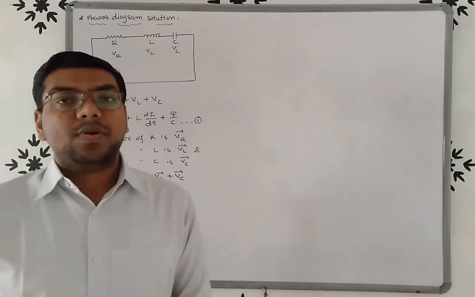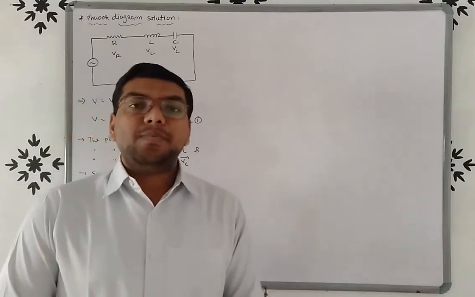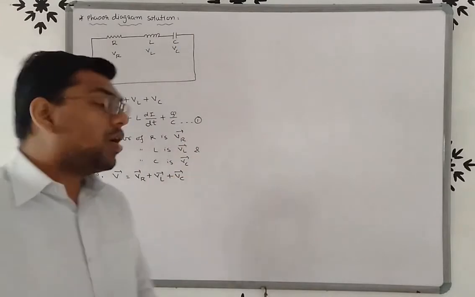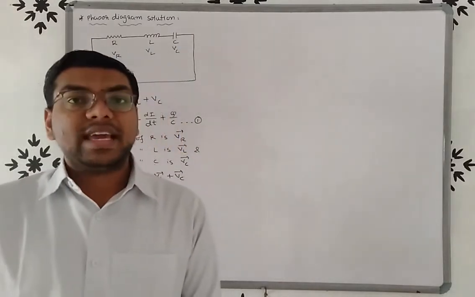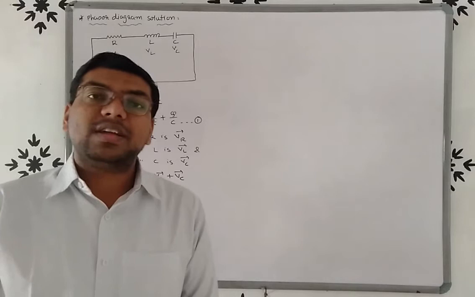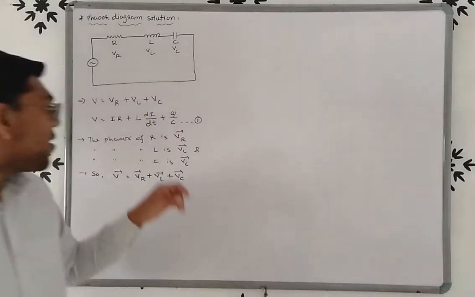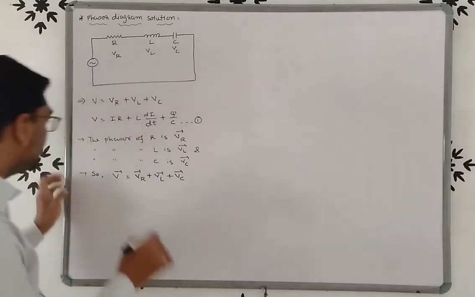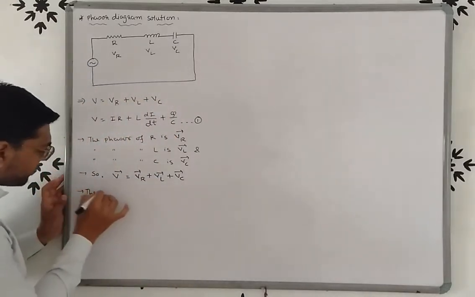Now the amplitude of VR is Im into R, right? We know that V is equal to IR.